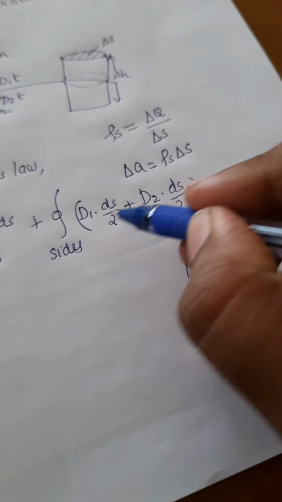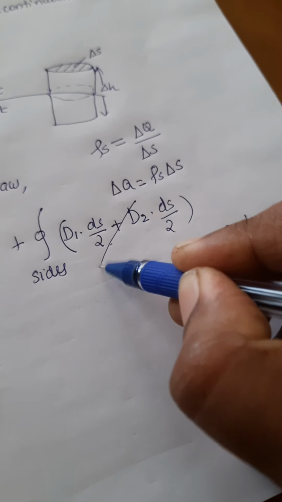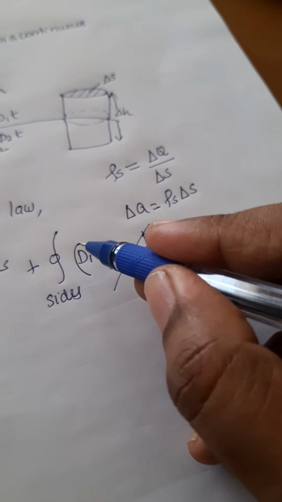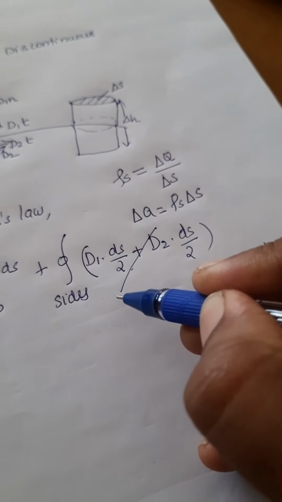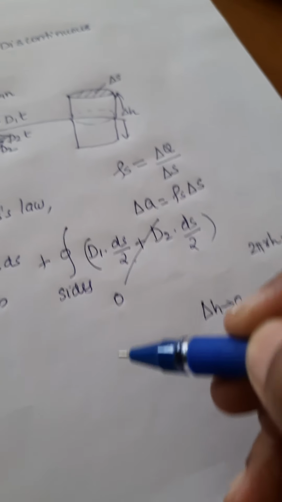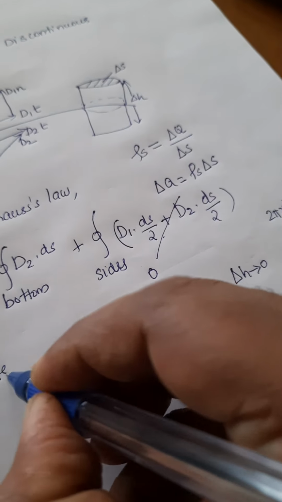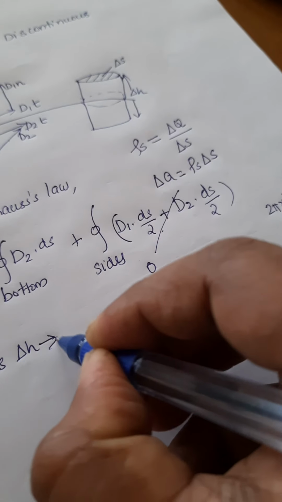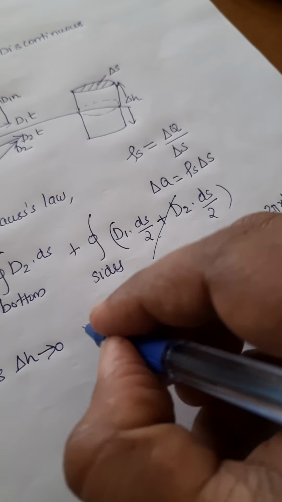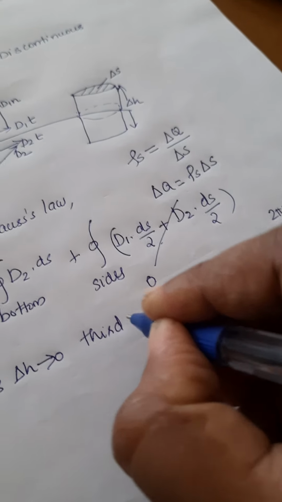So along the side, the total closed integral D dot dS by 2 will be 0. As delta H tends to 0, the third integral tends to 0.